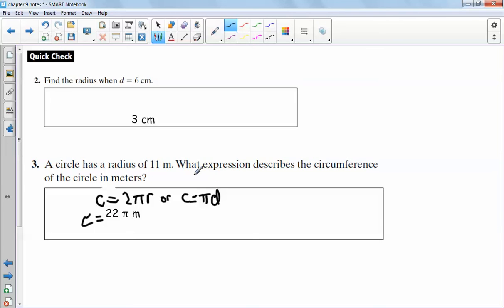It doesn't say solve, it just says write an expression. So that could be one expression, or another expression could be our circumference is equal to 2 times pi times 11. And we know that 11 times 2 is 22.